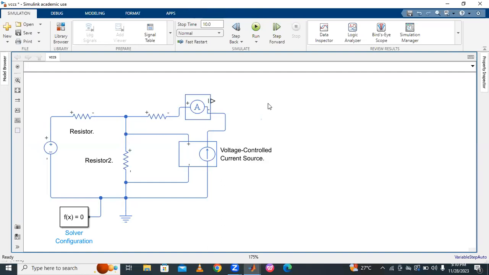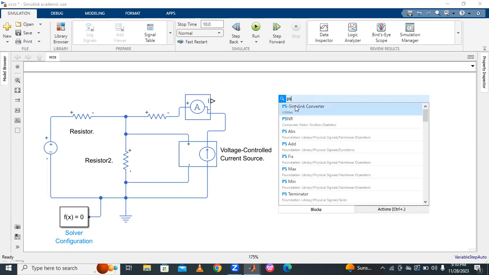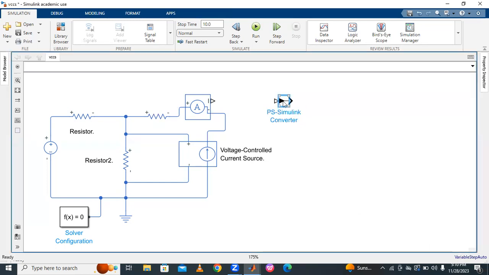Next, how to display this current? This is called an ammeter. Like an ammeter, the current sensor gives just the current, but to display it we use a display block. The display block is available in Simulink, not in Simscape. That's why one PS-Simulink converter is required, a Simscape to Simulink converter.